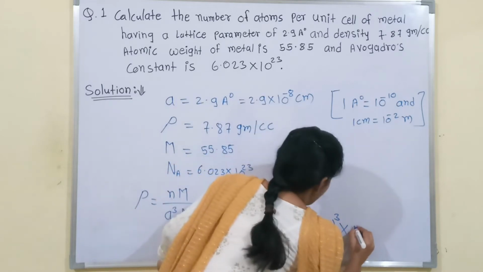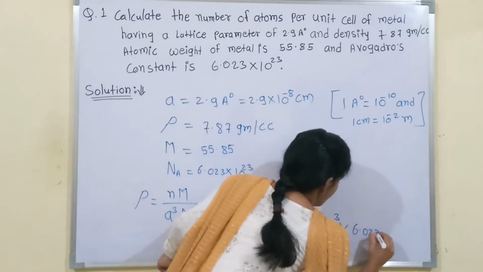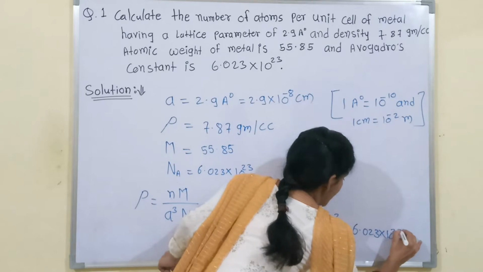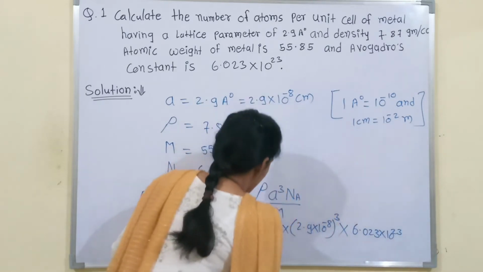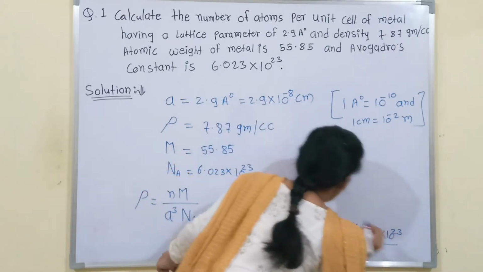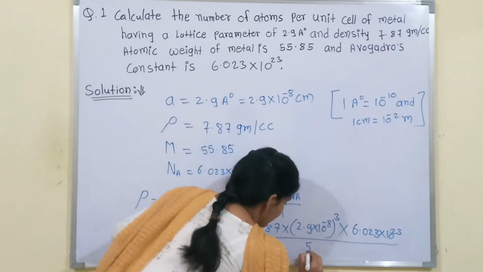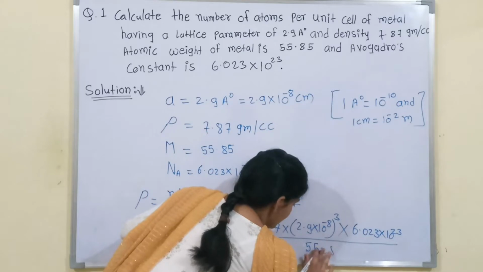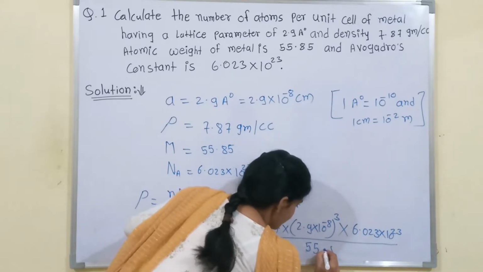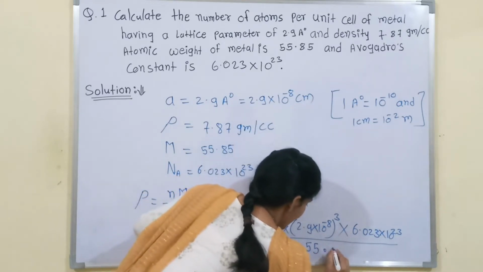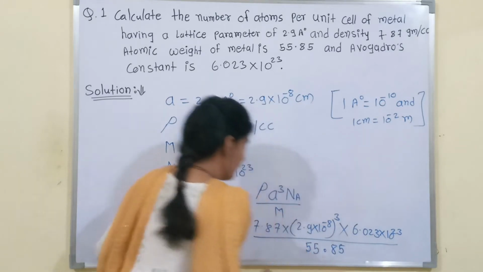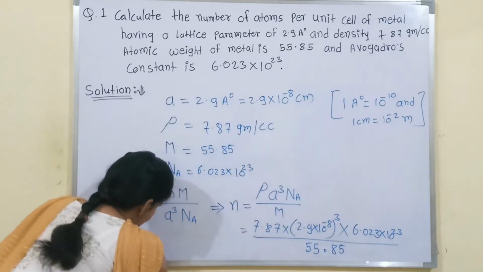Na is 6.023 into 10 to the power 23. Okay, and the whole term divided by mass, that is 55.85. Okay, calculate on your calculator.